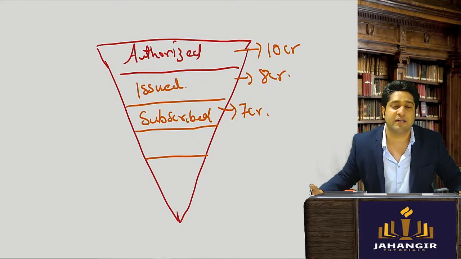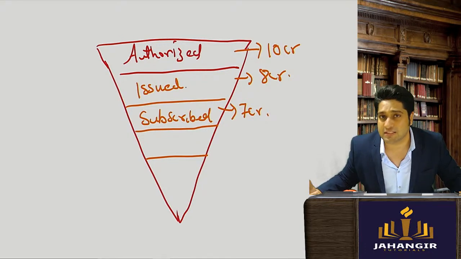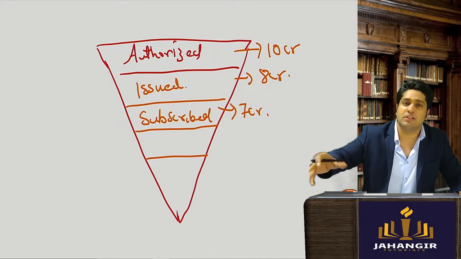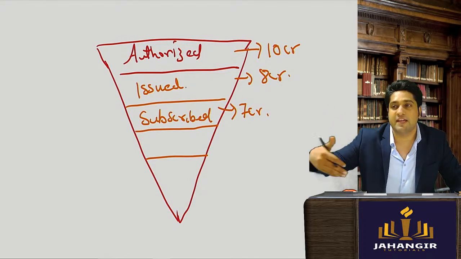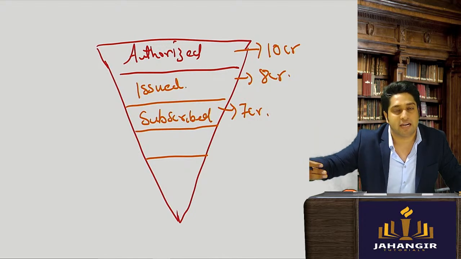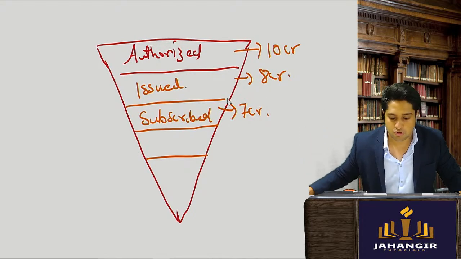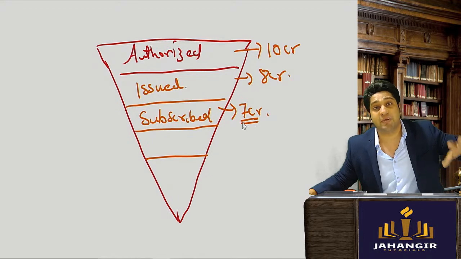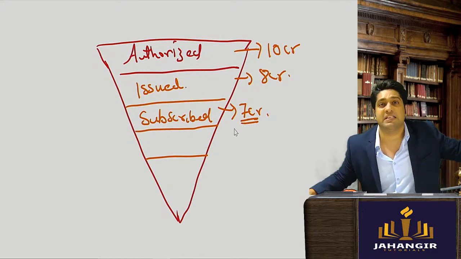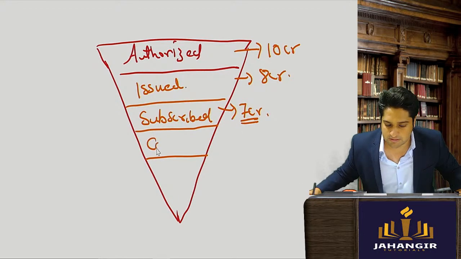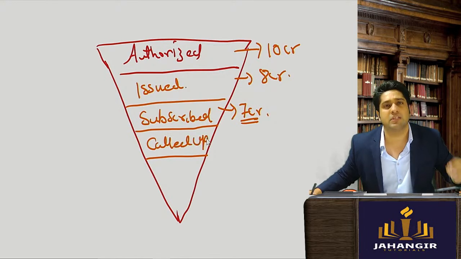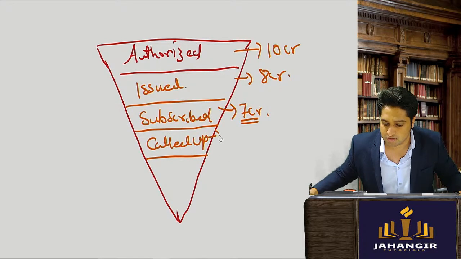They definitely can call, but it's not necessary. The company can call this amount in various calls: first call, second call, final call. So even though the public have subscribed and are ready to pay 7 crores, it is possible that the company has called up a certain amount, let's say 5 crores.